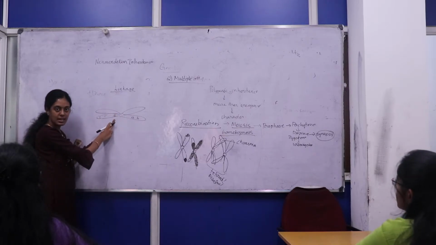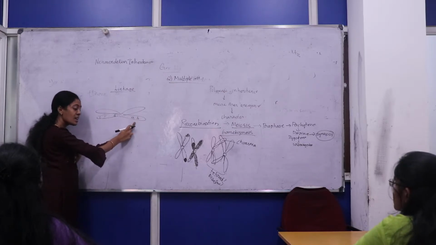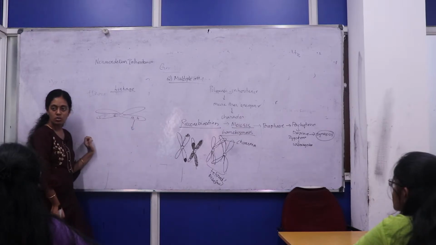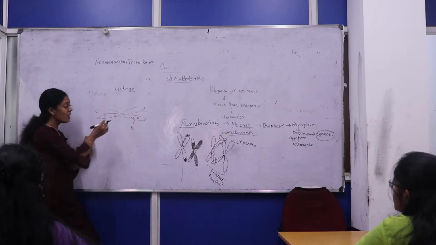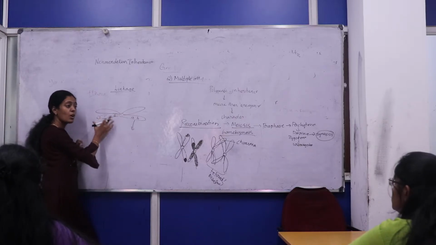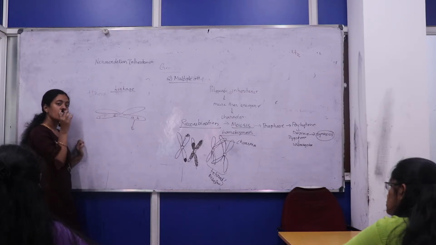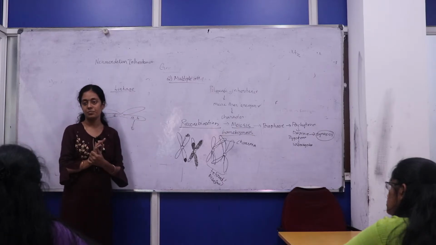The genes which are close to each other are called linked genes, and these linked genes will be inherited together. Yes or no? The linked genes will be inherited together, whereas the unlinked genes will not be inherited together.